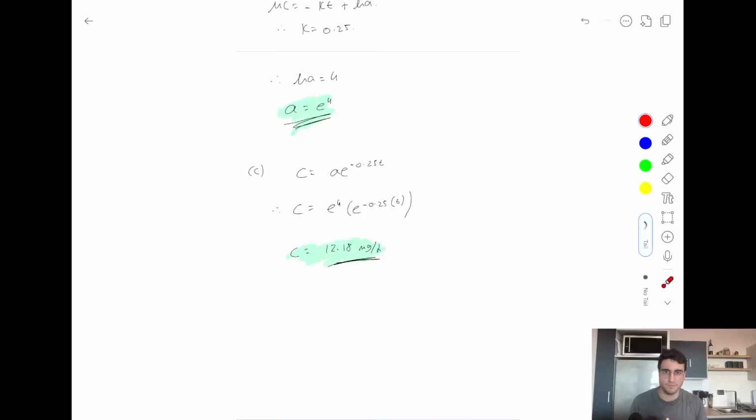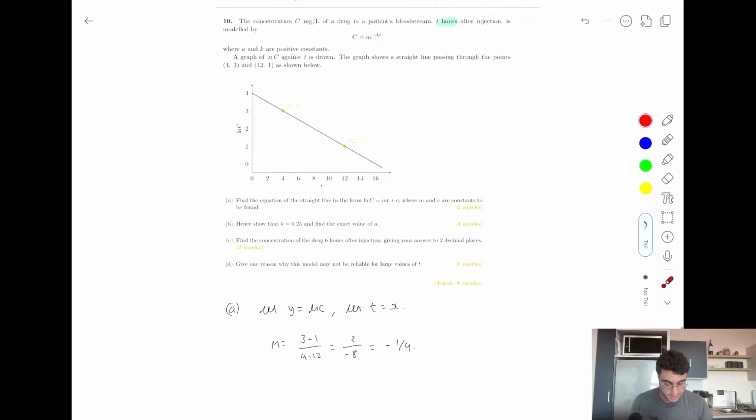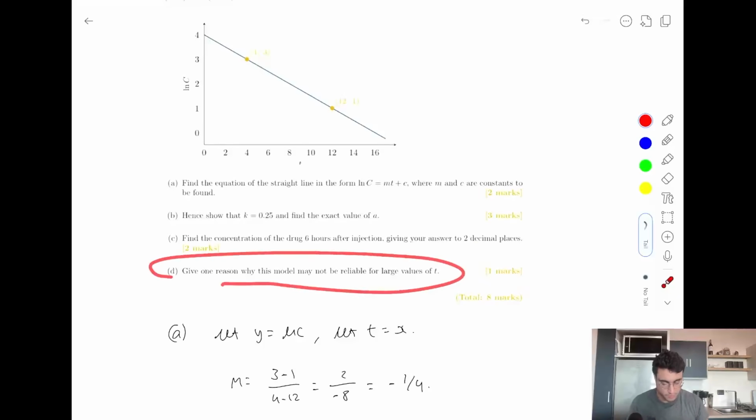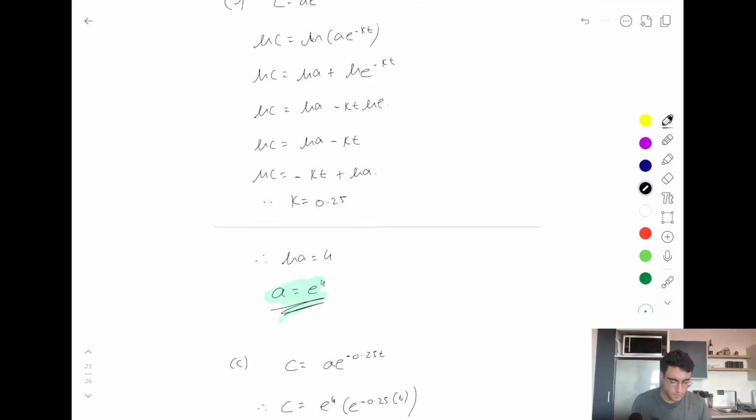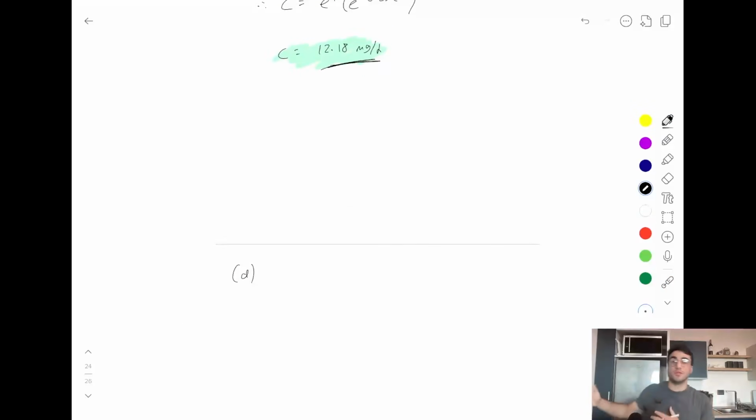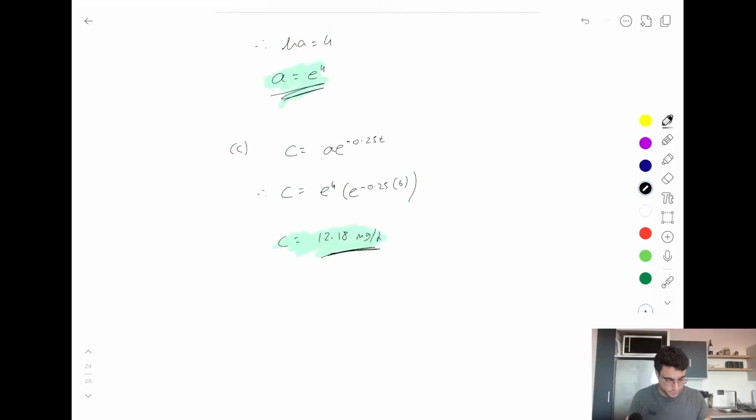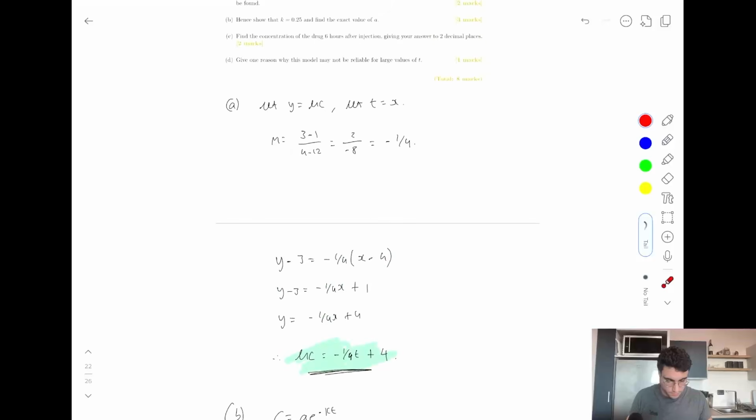So pretty simple. For number D here, guys, it says to give one reason why this model may not be reliable for larger values of t. Now again, this comes back to what we were saying right at the beginning when it comes to interpreting graphs.